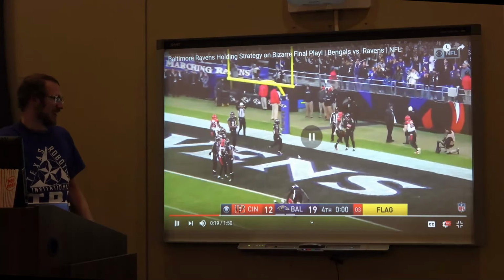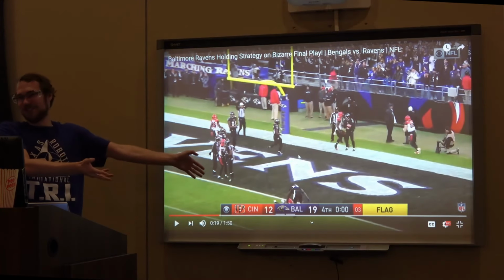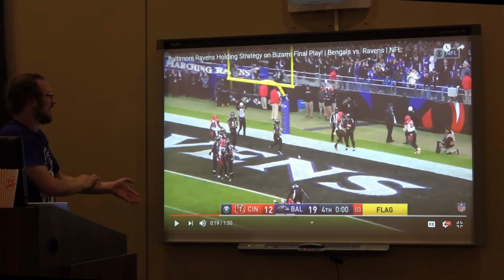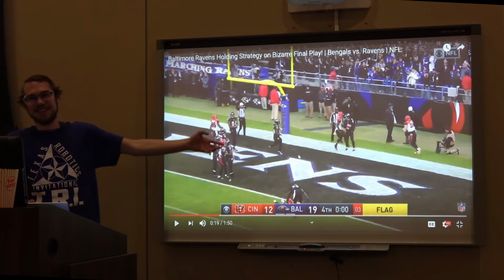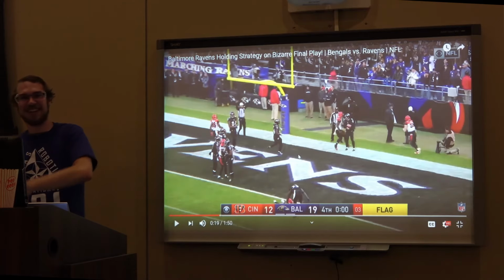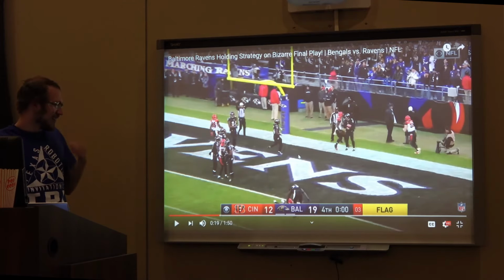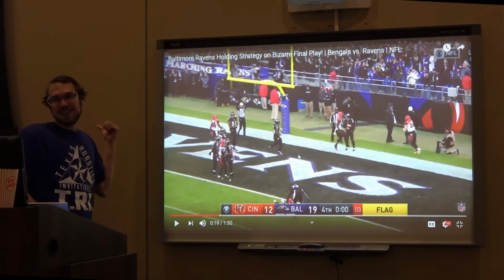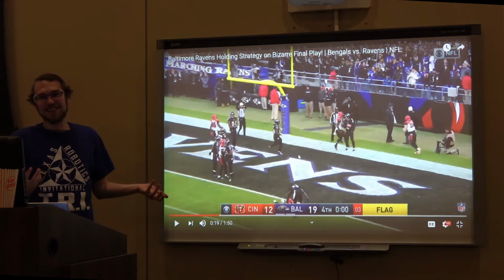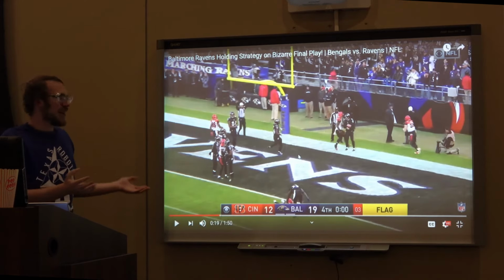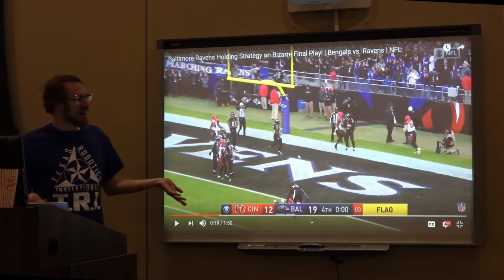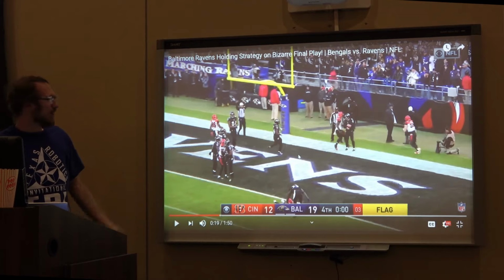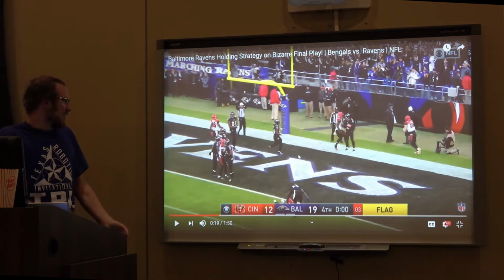So on average, this is an awful strategy. In normal circumstances, you would never intentionally give yourself a safety and just have your guys tackling the other guys. But it's about the variance here, because if you punt it away, there's a chance the guy on the other side grabs the ball. You can try to prevent as much as you can, but there's a chance he somehow sneaks through and runs in and gets the touchdown, and then you go into overtime. But here, there's no variance.